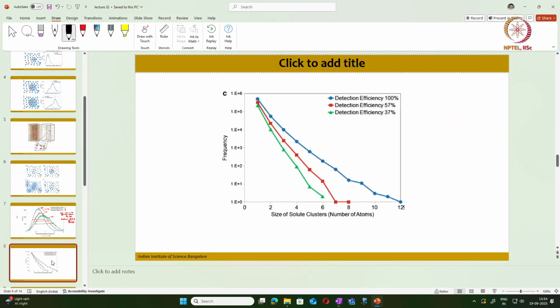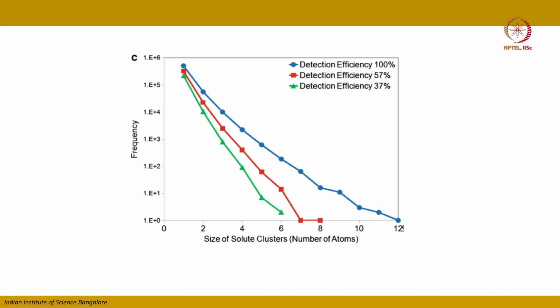Here you can see a simulated plot where, by decreasing the detection efficiency, you are reducing the size of the clusters. The blue color is 100%, red is 57%, and green is 37%.